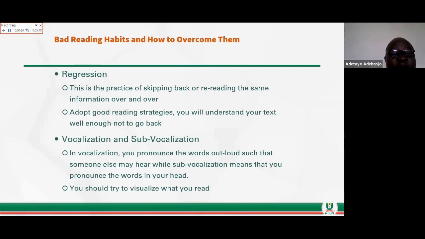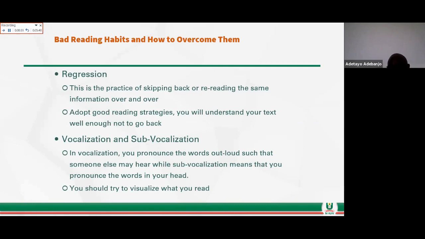You see, when there is regression, this is the practice of skipping back or rereading the same information over and over. You get depressed, because when you are reading and you are unable to get what you are reading, some people say, I can't understand this thing, why is the grammar they use here too hard?